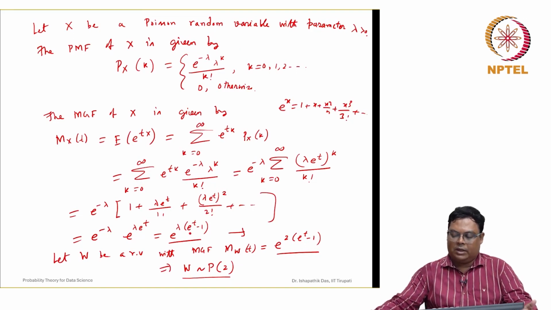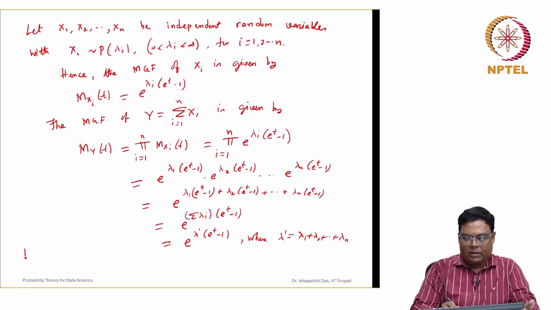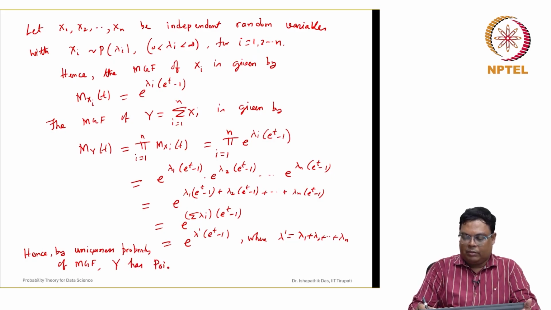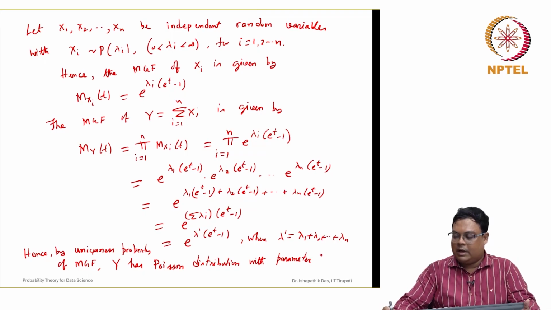Hence, by the uniqueness property of the moment generating function, Y has Poisson distribution with parameter lambda dash, which is equal to the summation of lambda_i.